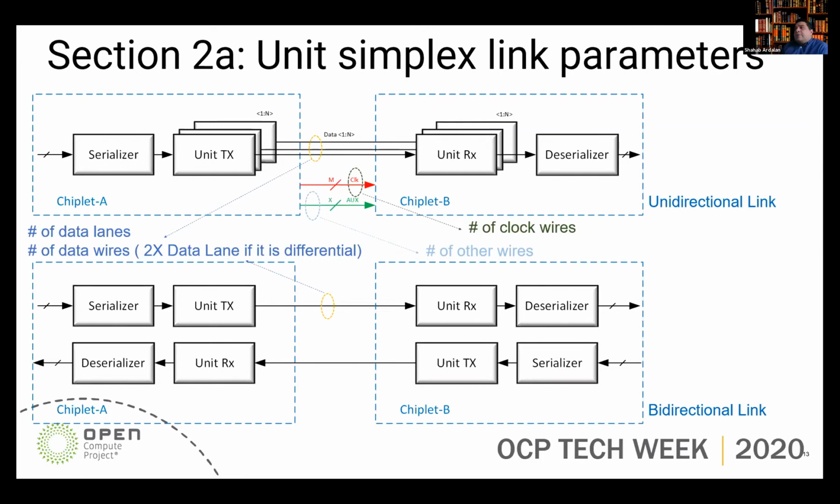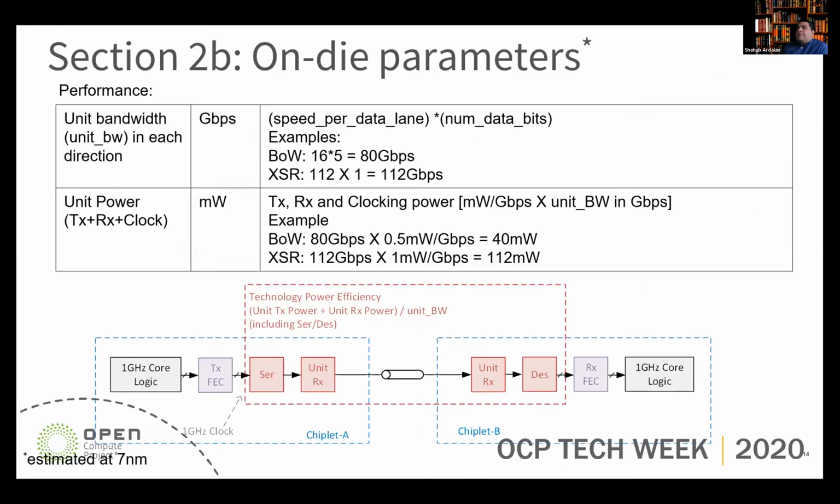We also captured the number of clock wires that we need, or in some cases where the PHY standard is not clock forwarding, it's 0. Some standards require other wires, which we call auxiliary or FEC or other things. We capture all this data to create that unit of TX and RX that we are talking about. Based on all this information, we came up with a couple of performance metrics.